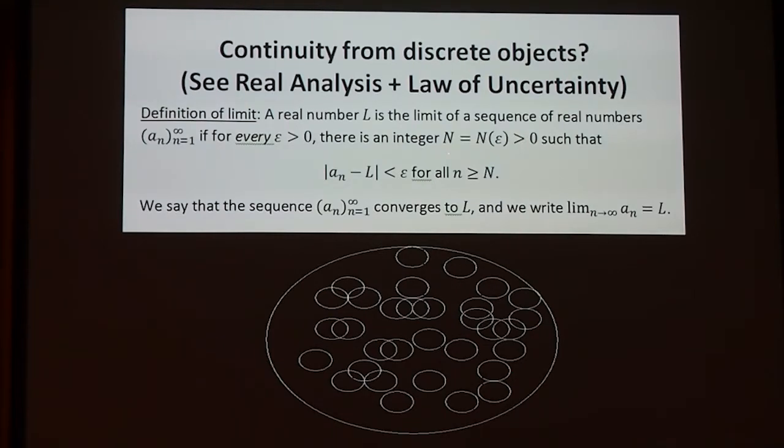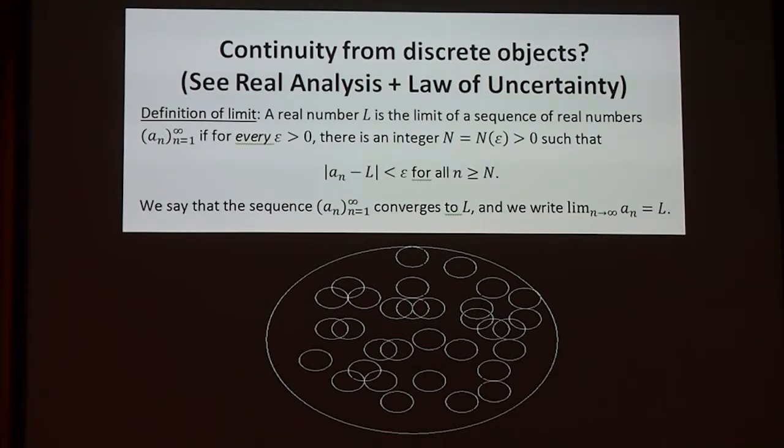What I've done is I've taken essentially a basic theorem from real analysis describing the limit of a sequence. We basically say that if we have a sequence of numbers, it converges to a limit L if, for any epsilon greater than 0, we can choose some n, which is a function of epsilon, such that for all n greater than this n, the difference between the elements of the sequence a_n and its limit is less than epsilon.